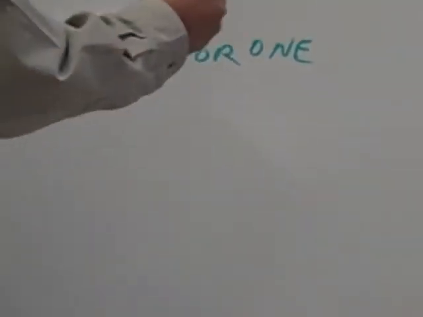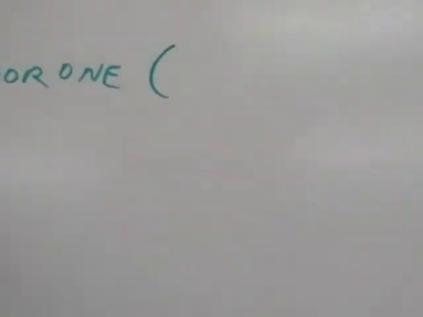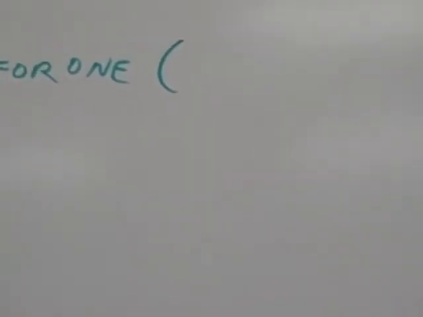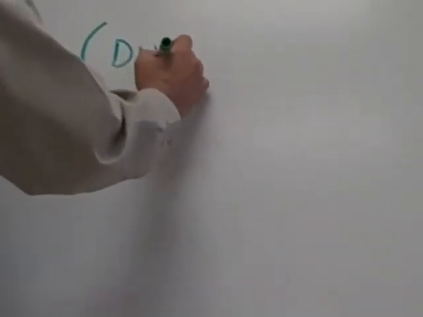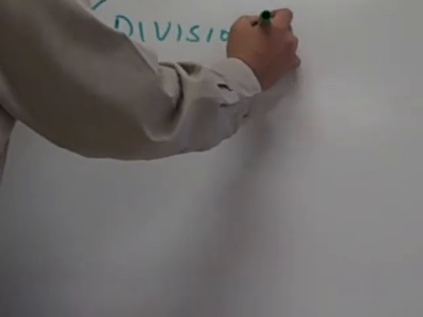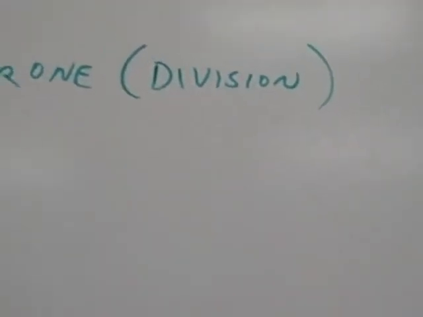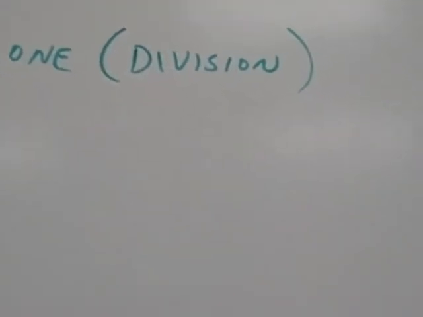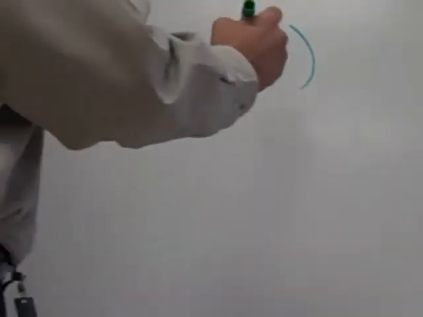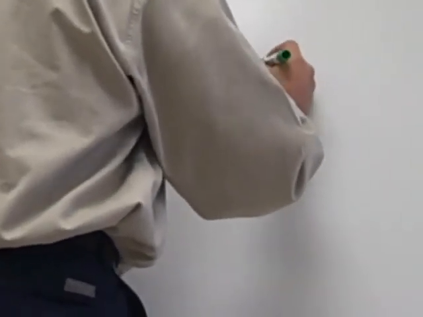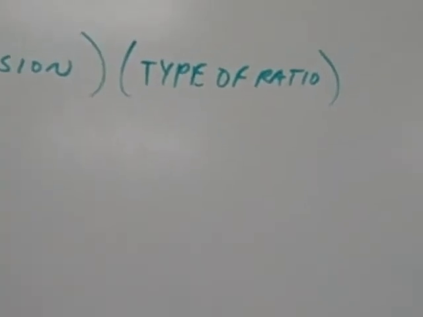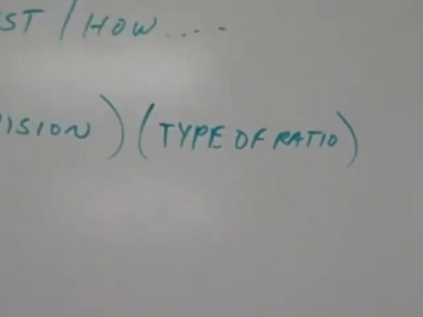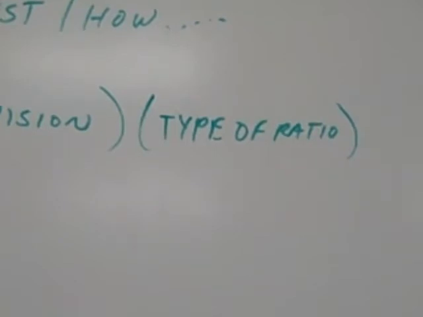So, the mathematics that we do when we try to find unit rate is this right here. We will be doing division to find unit rate. And unit rate, we need to know, is a type of ratio. How many of y'all remember that fractions are a type of division problem?